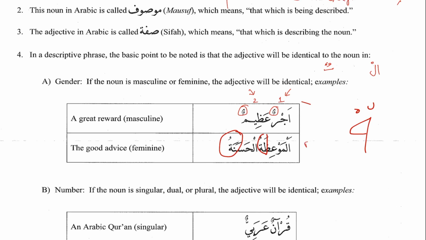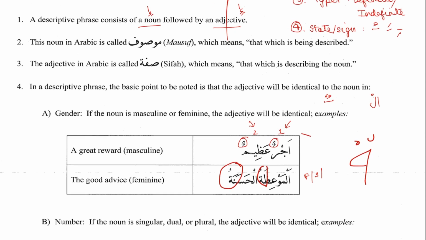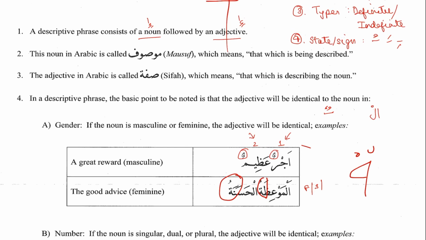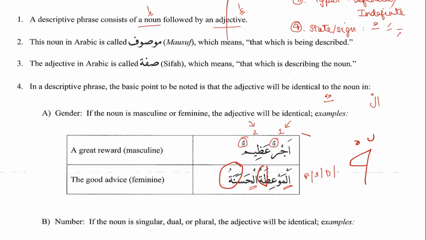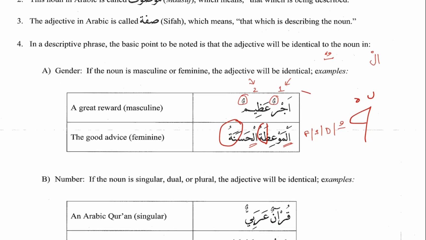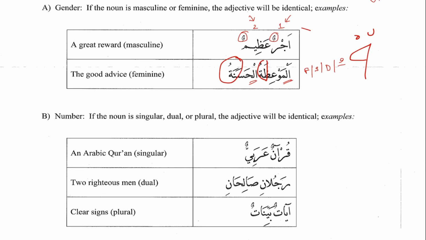So if we look at the gender, they're female, then they are singular, and they are both definite because it is al mau'izatu. There is an al there. That's why we also have al hasanatu here. They both need to be definite, they have to be the same. So they're both definite and they have the same alamat, which is a dhamma. So they are in the dhamma state.